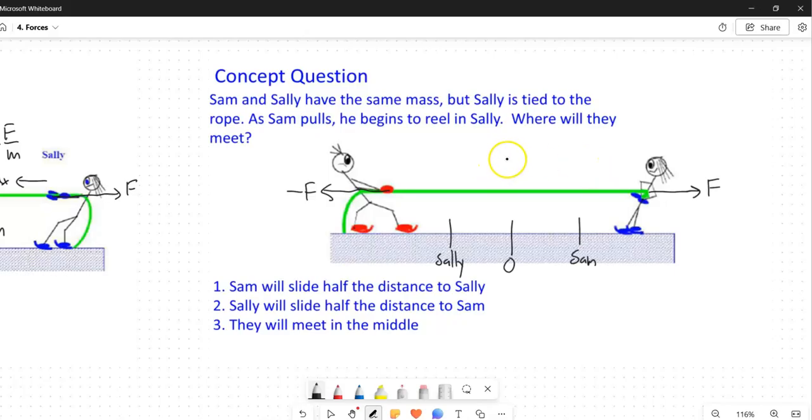So those forces are the same, which means Sally's acceleration, as long as she has the same mass, she will begin accelerating towards Sam, and Sam will begin accelerating towards Sally. And since those forces are always equal and opposite, the two accelerations will be the same. So again, they will meet right here in the middle.